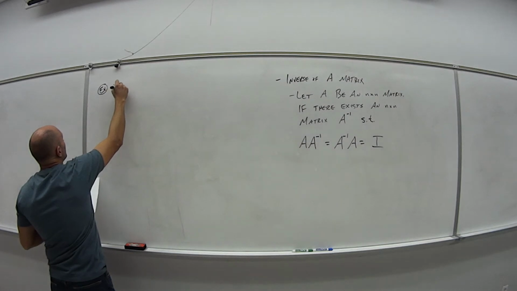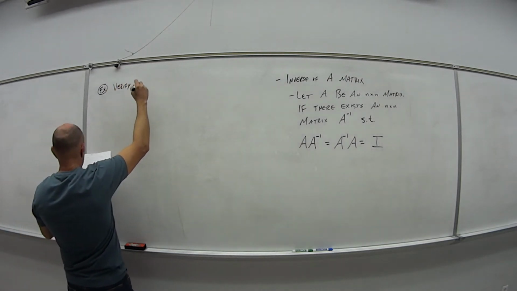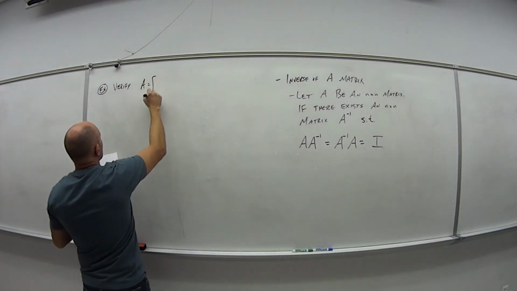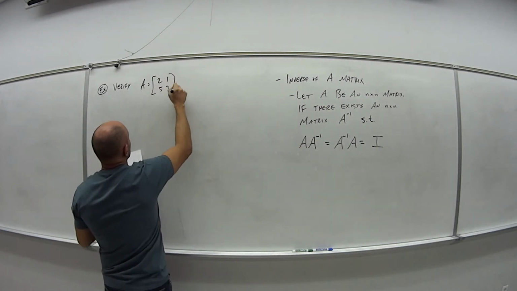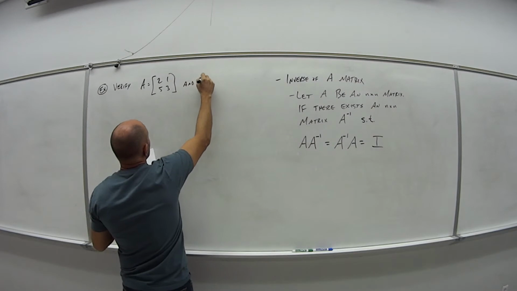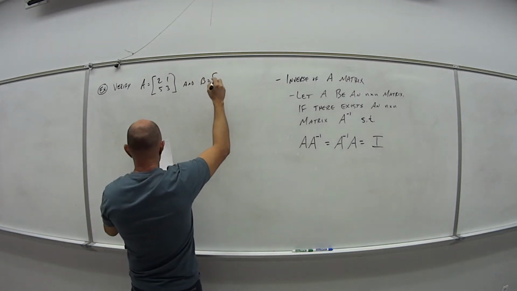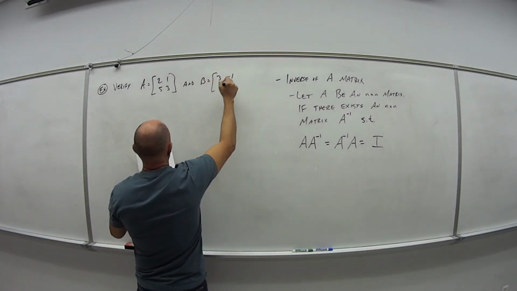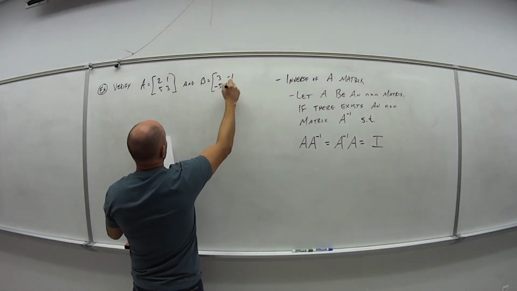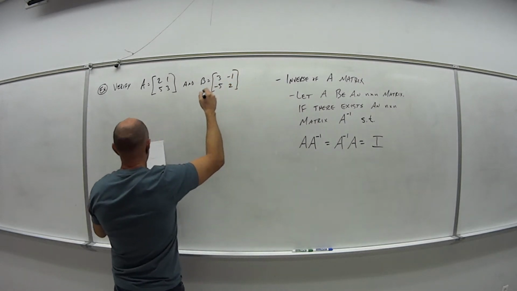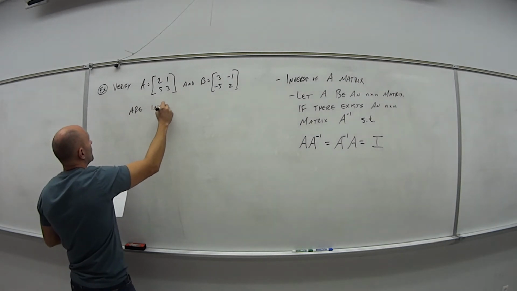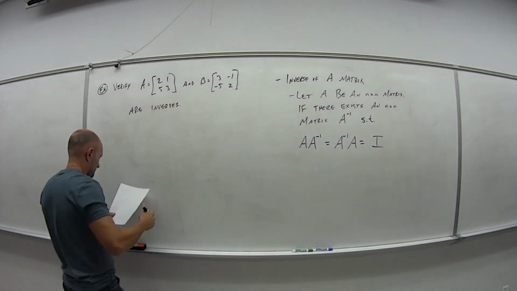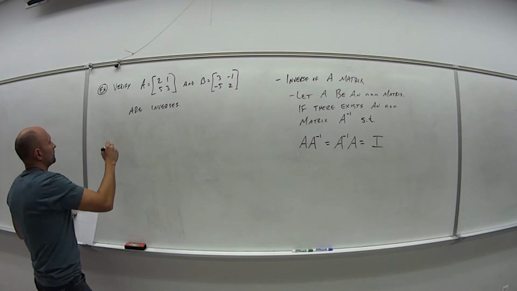Let's say we want to verify that A, which is [2, 1; 5, 3], and B, which is [3, -1; -5, 2], are inverses. So let's multiply them and see.